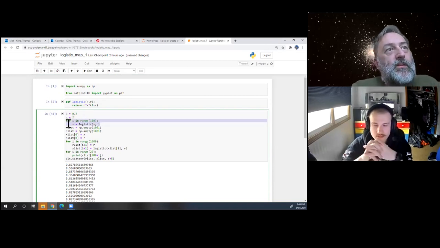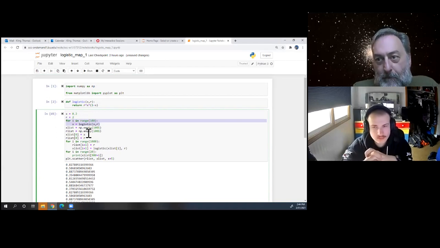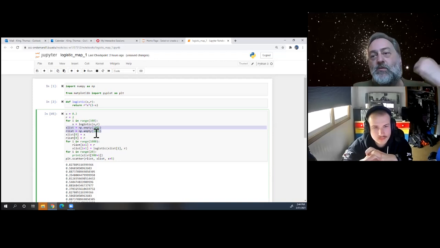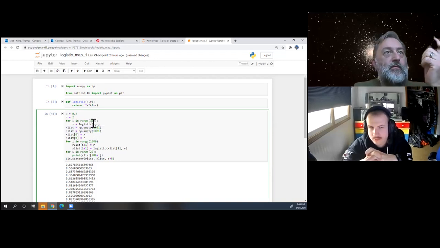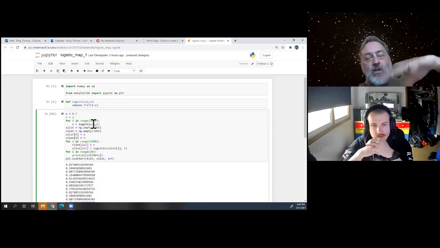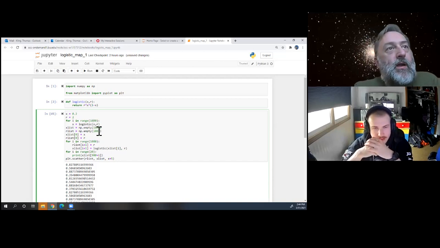I'm going to run the logistic map 100 times, and then I'm going to make a list where I run it 1,000 more times. I'm just going to run it and see what it does for a while, because that's going to clear it out of whatever weird thing it's doing. And then I'm going to run it another 1,000 times.